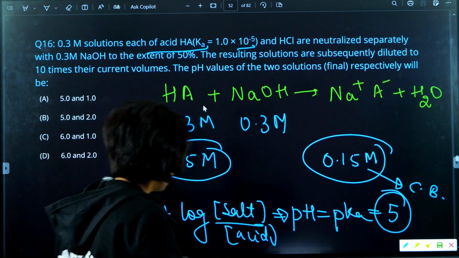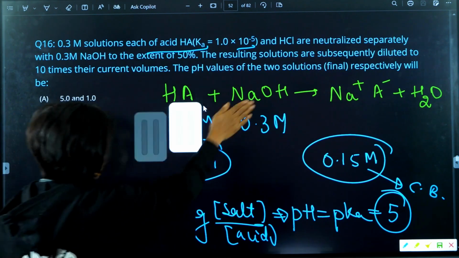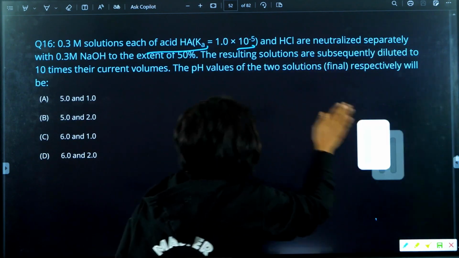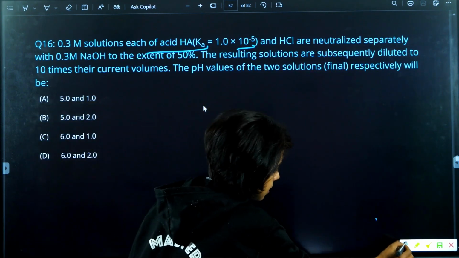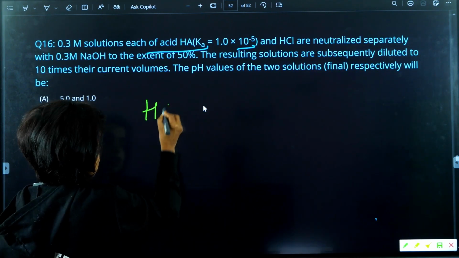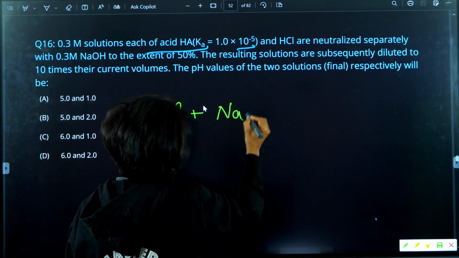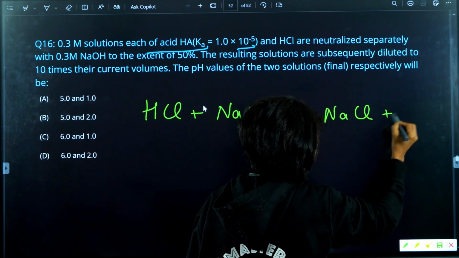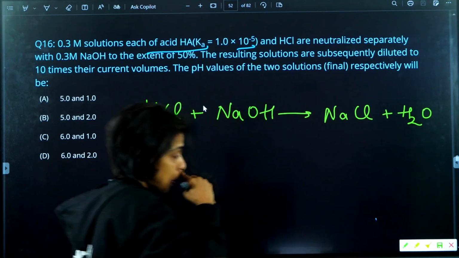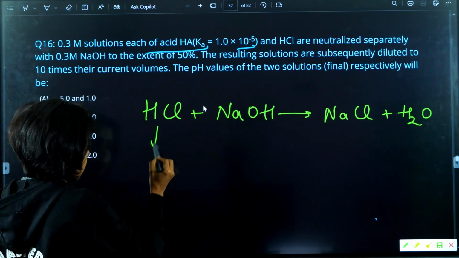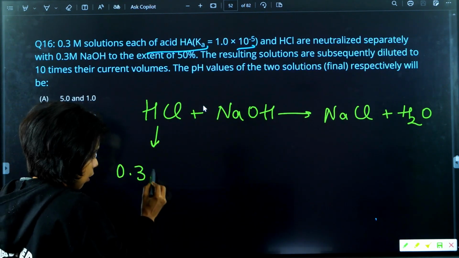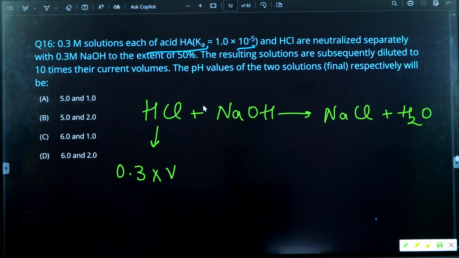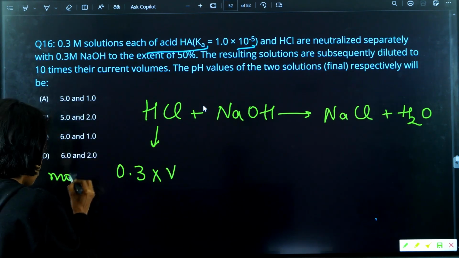Got it, guys? Now let's do the second, that is HCl, right? Now I have the second case, HCl. HCl is a strong acid which will be neutralized by base to form NaCl and water. Molarity is 0.3, volume say V, so these are the moles of HCl.